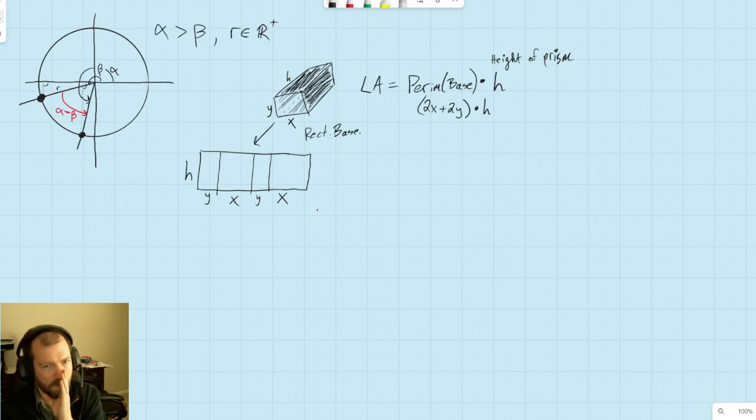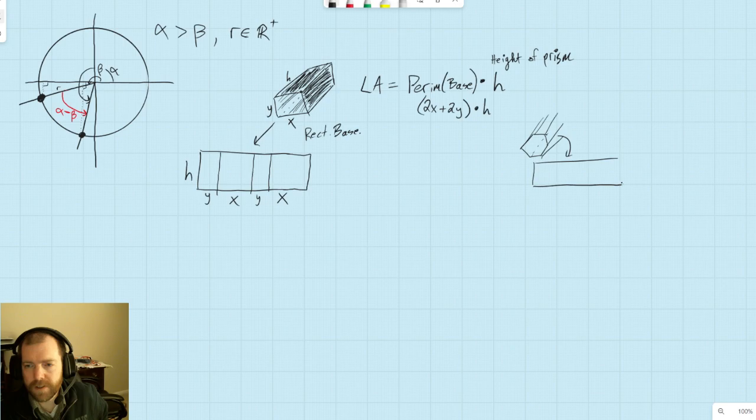If you have something like an irregular hexagonal prism like this, and then you unrolled it, this thing would end up looking like this, and we have 1, 2, 3, 4, 5, 6.